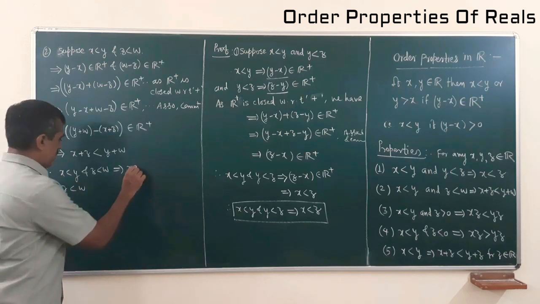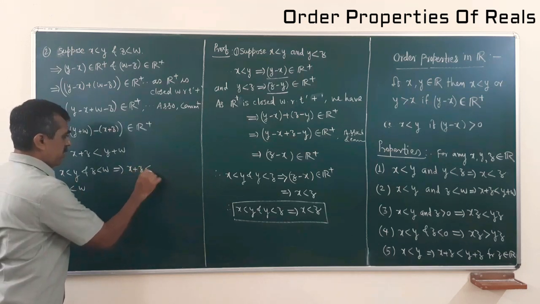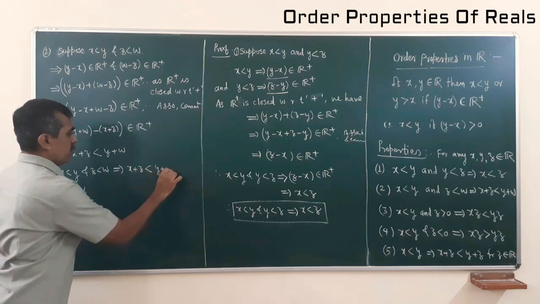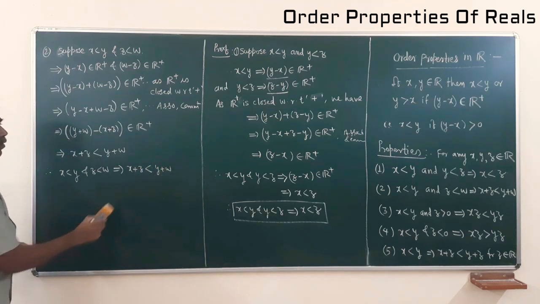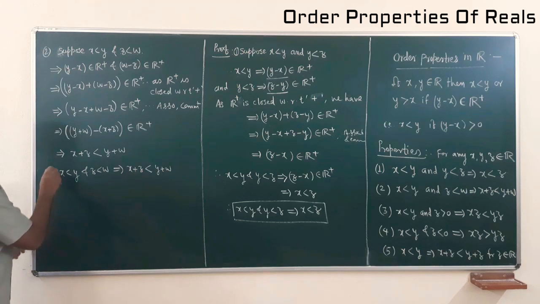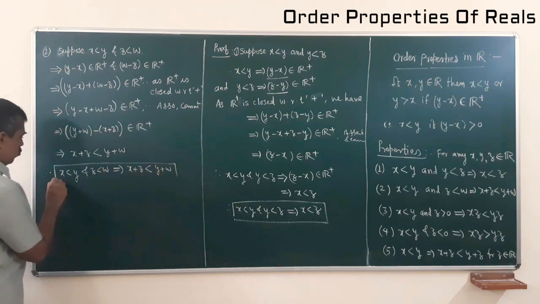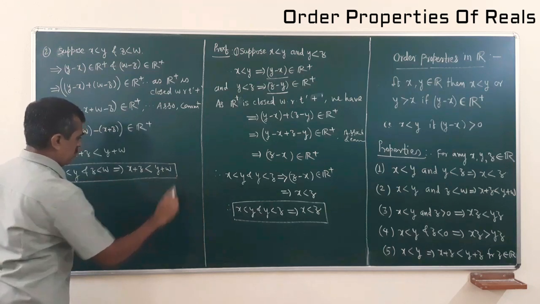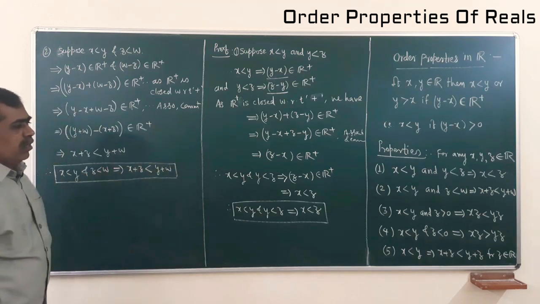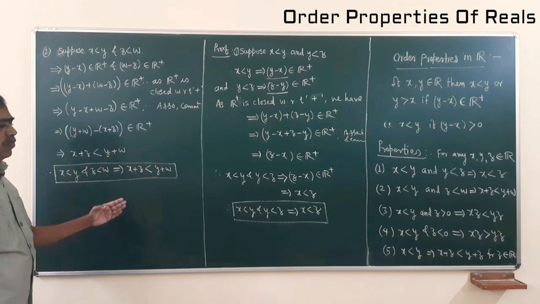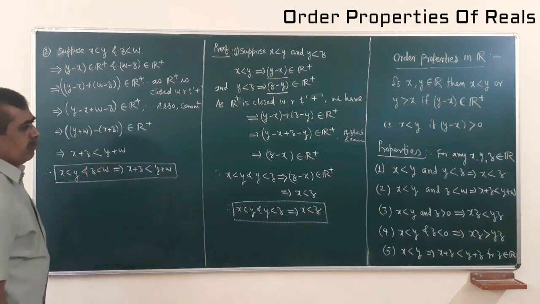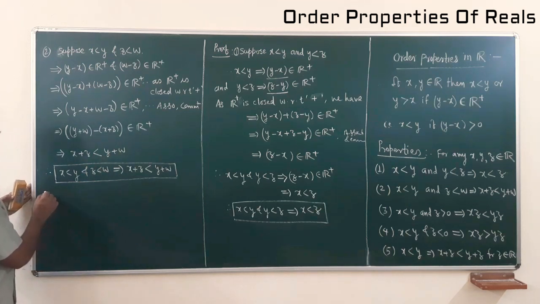So this is what the result is all about. This is the second property. Very simple, just use the basic things regarding order relation. Now, I will give you one more property as a star.